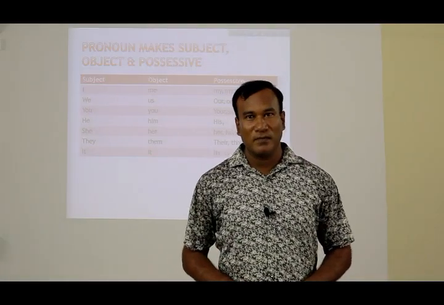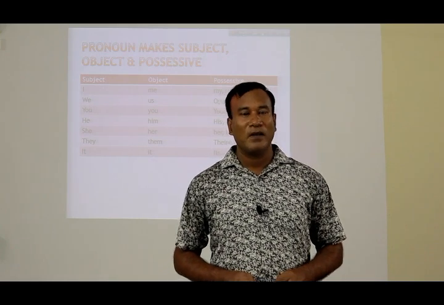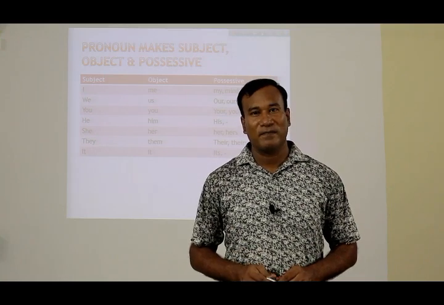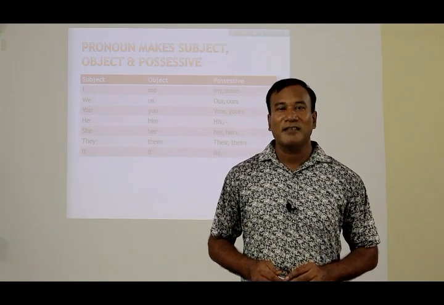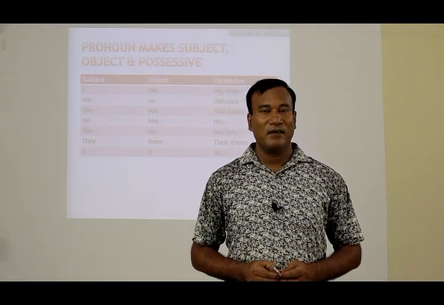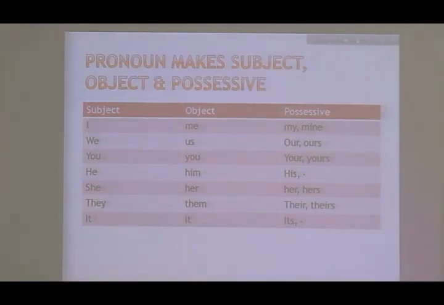Now, pronoun. Pronoun is used in place of noun. But the function of pronoun and noun is the same. Pronoun is used as subject, object, and as possessive. Now, look at the slide. You see, a pronoun has three forms: subject, object, and possessive.